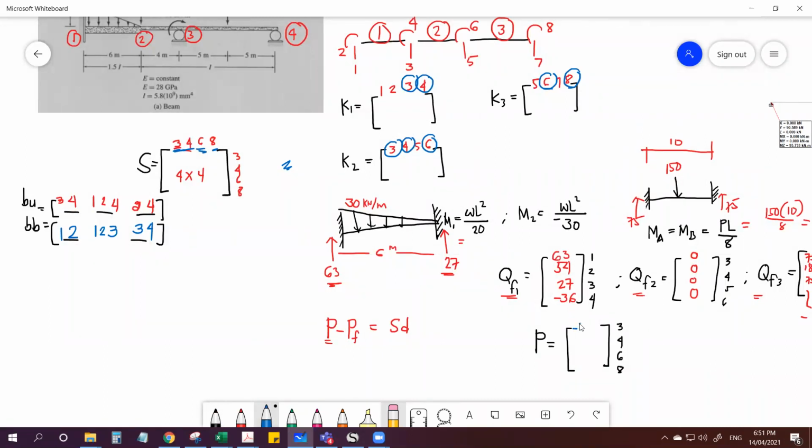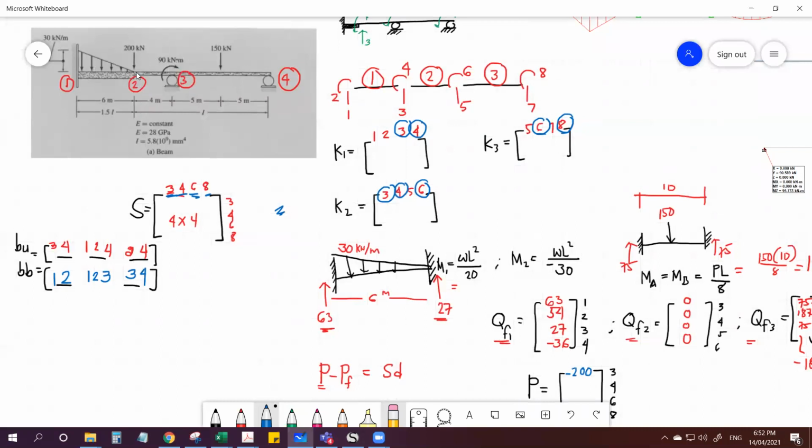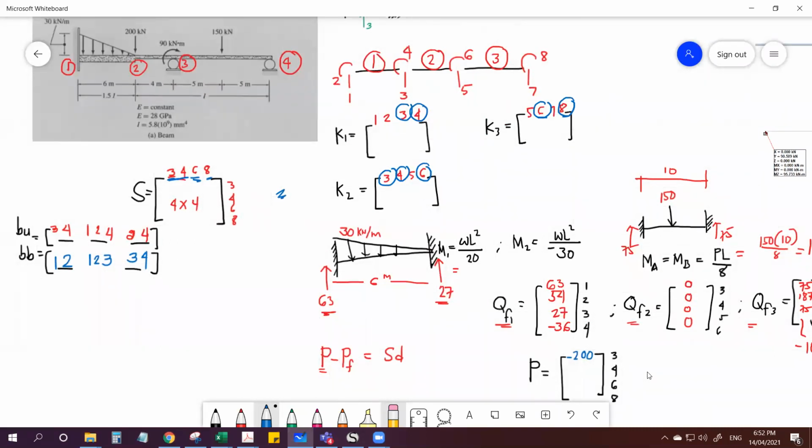Negative 200. Do we have a load applied at degrees of freedom 4? None. It's only a vertical load, so this will be 0. Do we have a load applied at degrees of freedom 6?